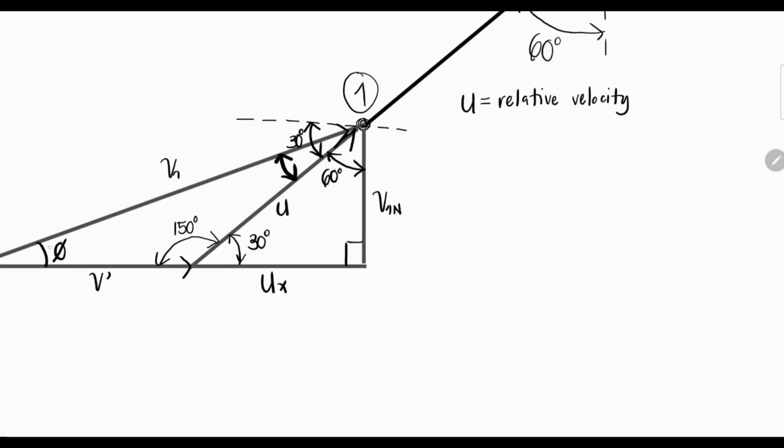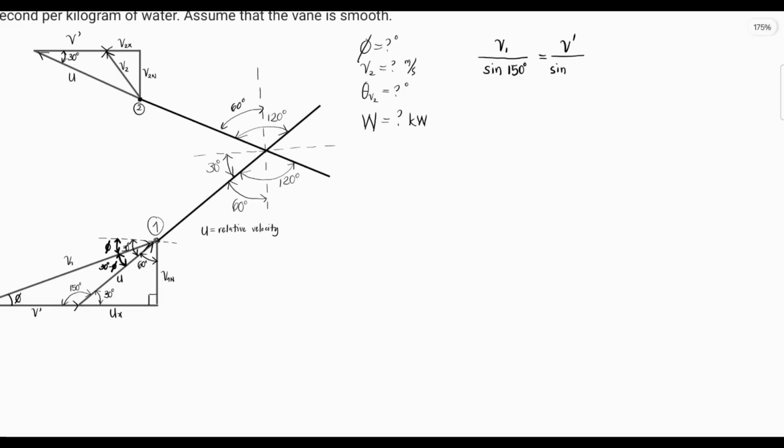Kung ito yung angle na pinapahanap, ito ay same sa angle na nandito. Ayan. And kung nandyan siya, 30 minus yung angle na yan ay yung angle na to. 30 minus angle na pinapahanap. So, 30 degrees minus yung angle na pinapahanap.